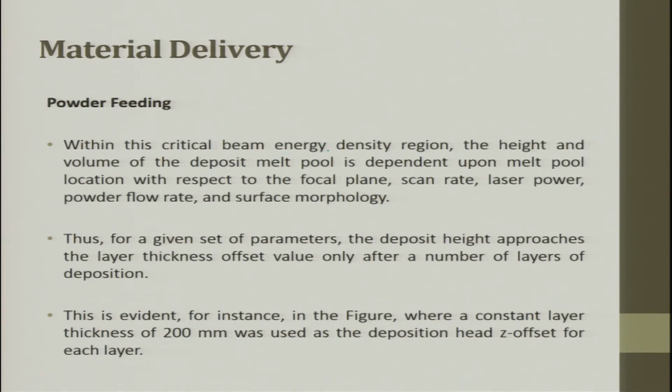Within this critical beam energy density region, the height and the volume of the deposited melt pool depend upon melt pool location with respect to the focal plane, scanning rate, laser power, laser flow rate and surface morphology. Thus, for a given set of parameters, the deposit height approaches the layer thickness offset value only after a number of layer depositions. It is evident, for instance, in the figure where a constant layer thickness of 200 millimeters was used as a deposition head Z offset for each layer.